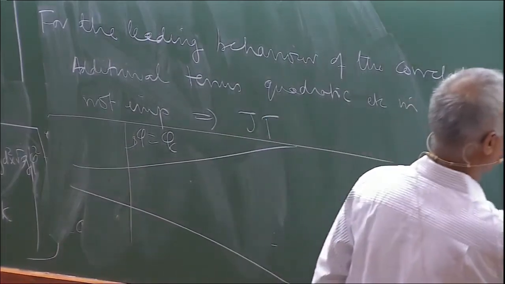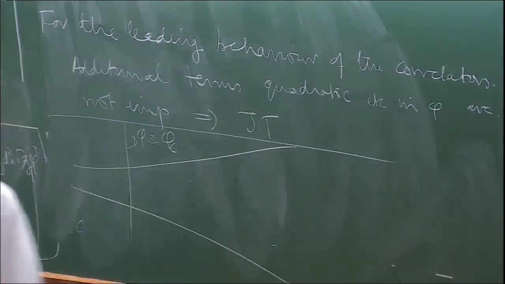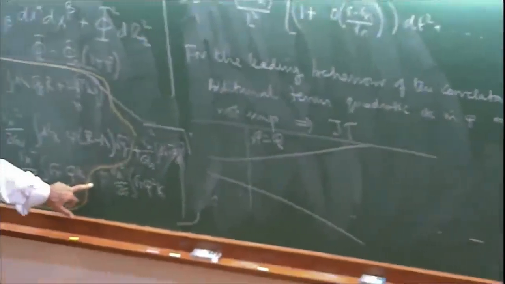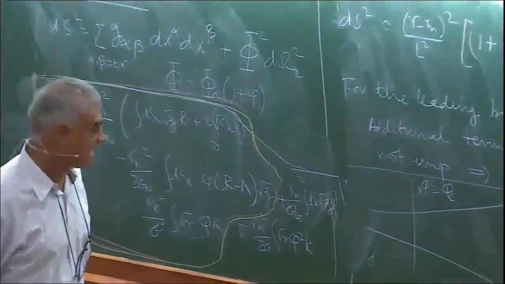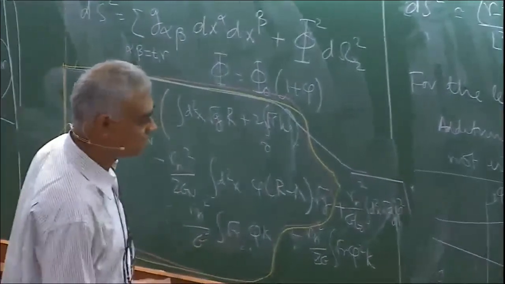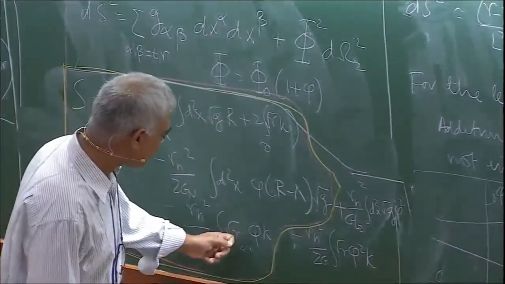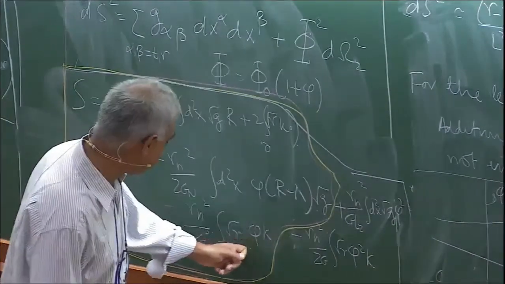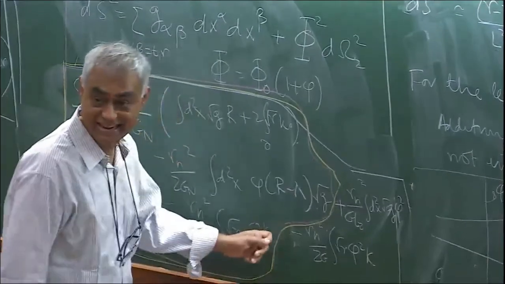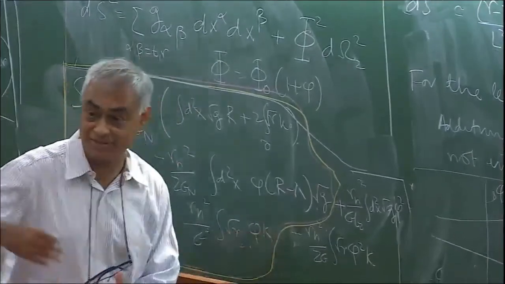So just very quickly, the dynamics arises from this term, phi times extrinsic curvature, up to some counter terms. And what happens is, this metric factor diverges, phi diverges, and K has a term which goes to 0.